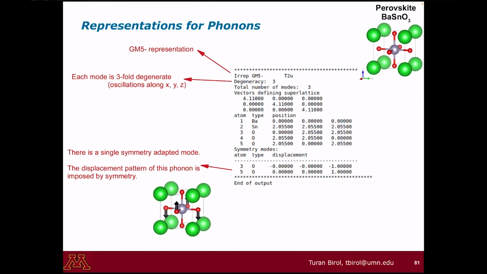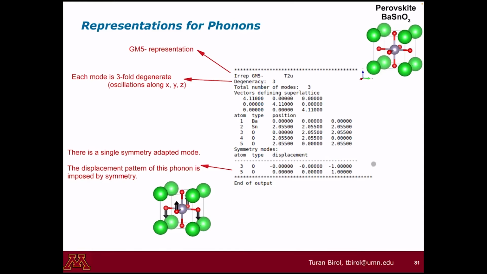If I was only interested in this specific mode, I didn't need to calculate the whole 5 by 5 dynamical matrix. I could just perform one displacement of atoms. And when you displace these 2 oxygens in opposite directions, the force will be only along the same direction as well.